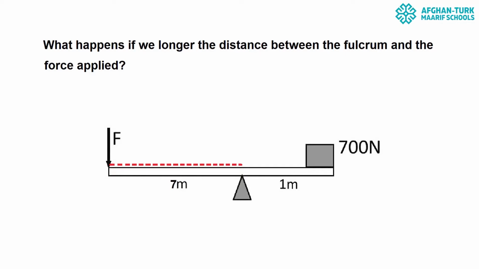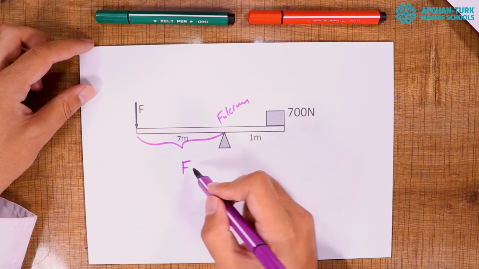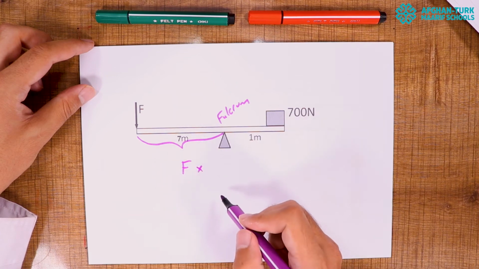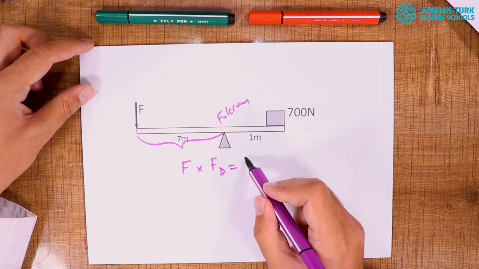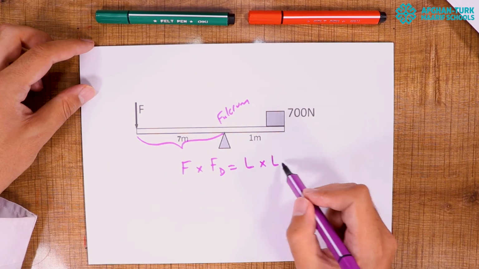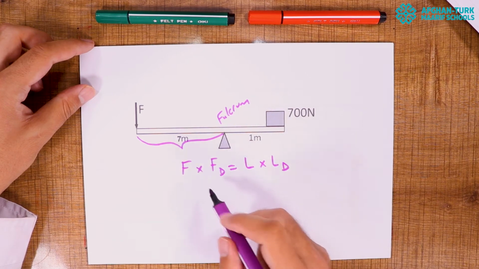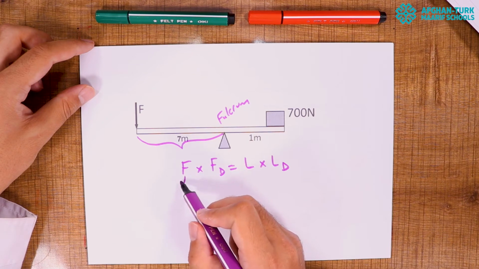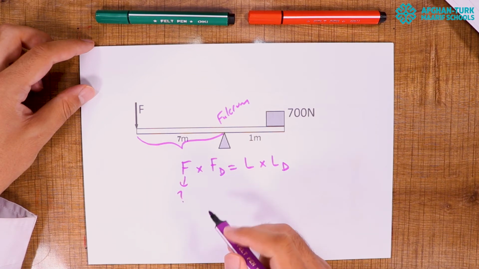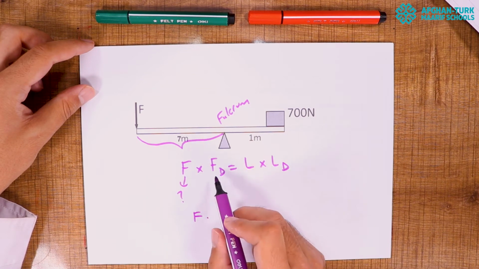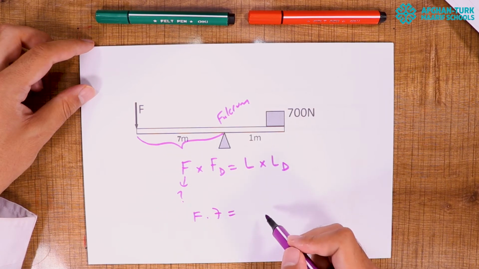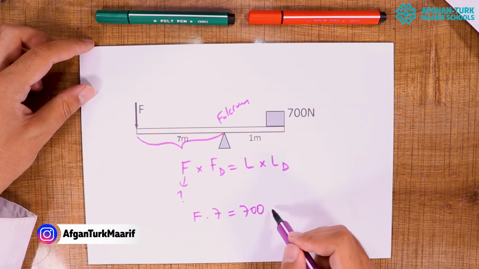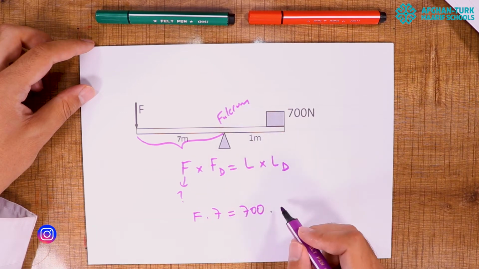What happens if we lengthen the distance from force to the fulcrum? Let's remember the formula. Force times force distance is equal to load times load distance. Again, I'm trying to find the force. So F times, what is the force distance here? 7 meter. That's equal to 700 times 1 meter.